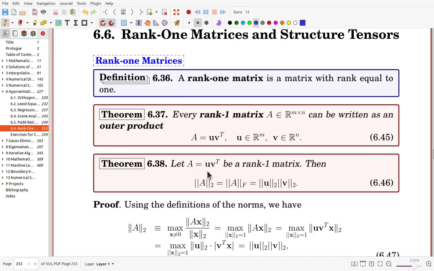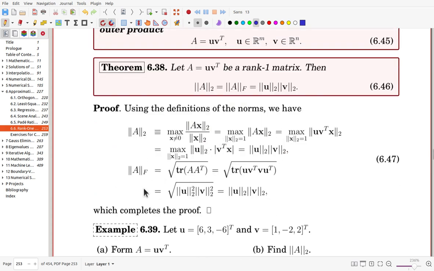If A is U V transpose, a rank 1 matrix, then its matrix 2 norm and Frobenius norm are the same as the U vector norm times the V vector norm. Okay, here we can prove it quite easily.